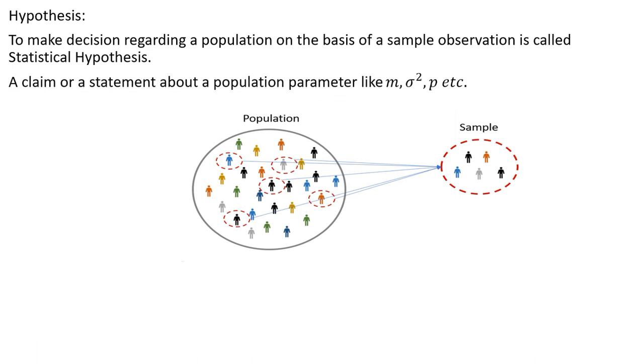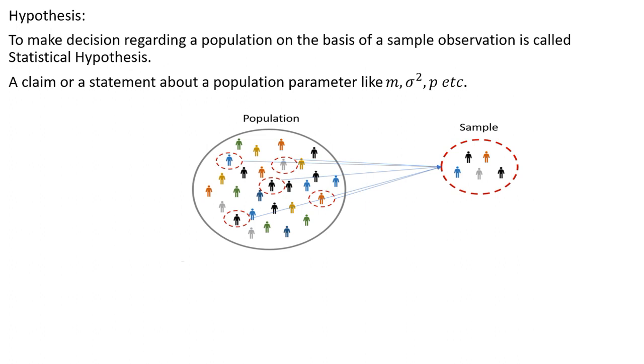So here is the definition: a claim or statement about a population parameter like mean mu, population variance sigma square, small p, that is population proportion, etc. They are population parameters, any measure from the population. Okay, so look at this diagram.